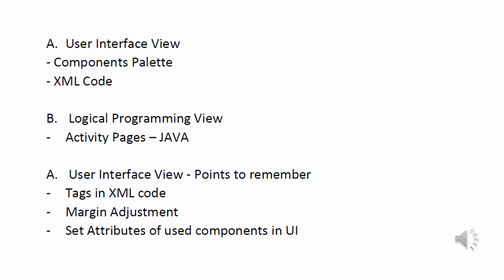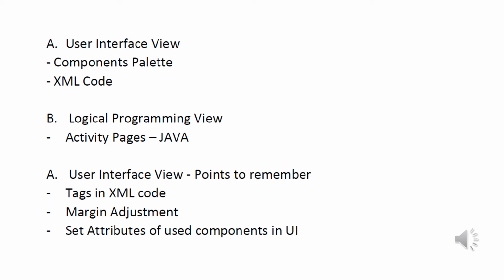So I hope you have understood which are the types of files you need to deal with while developing Android application. Okay, now again just open the presentation file. So the first point is introduction to Android user interface.